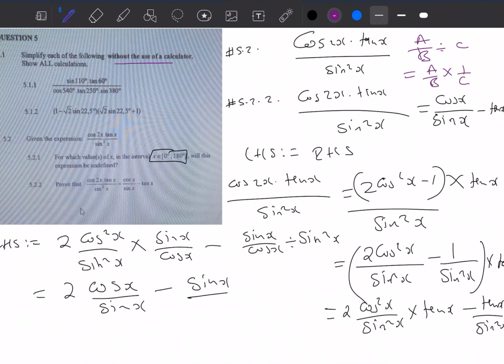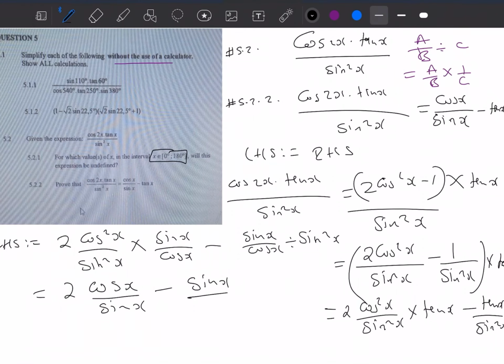If you have a division sign, you can change it to multiplication, but c has to change to 1 over c, its reciprocal. Then a times 1 is a, b times c is bc. So your answer would be a over bc. That's what you're going to be doing here.